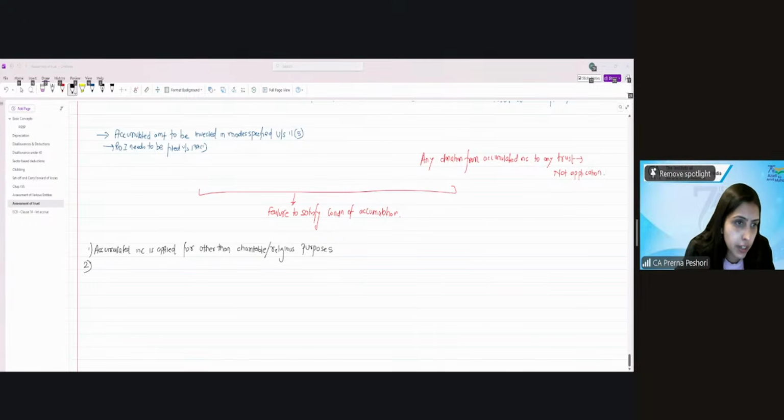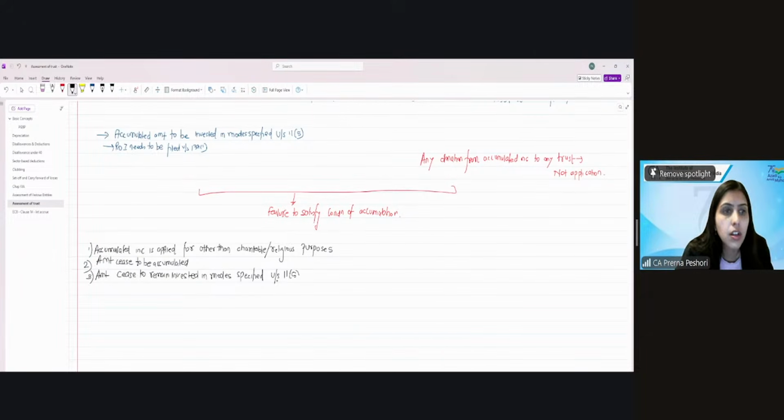Or the amount ceased to be accumulated, or the amount ceased to remain invested in the modes specified under section 11(5). Or the amount is not utilized for the purpose for which it was accumulated.